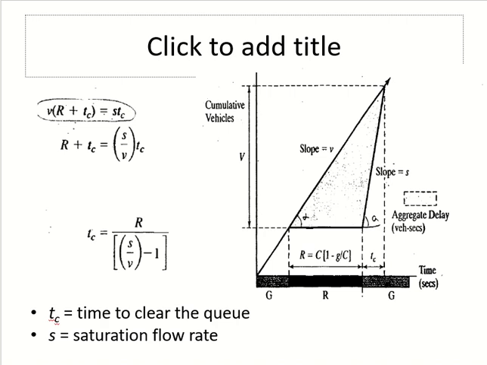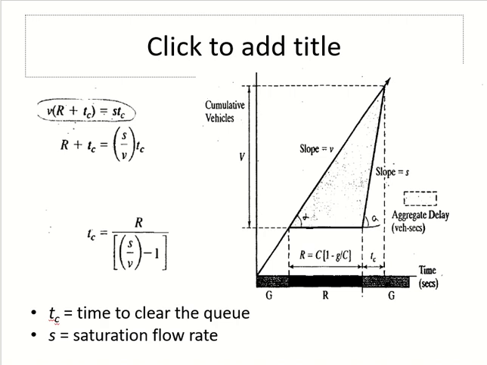Both lines are becoming 0. If you use the arrival flow rate, small v, it will be small v into R plus TC. If you use the departure line, it will be S into TC. At that point, both of them are equal. So this is what they did here.